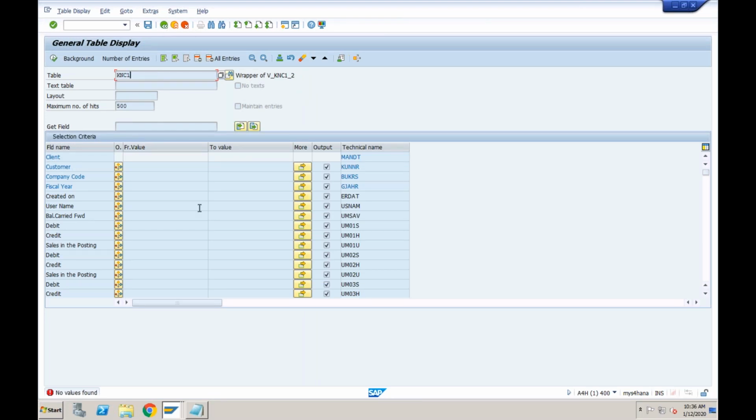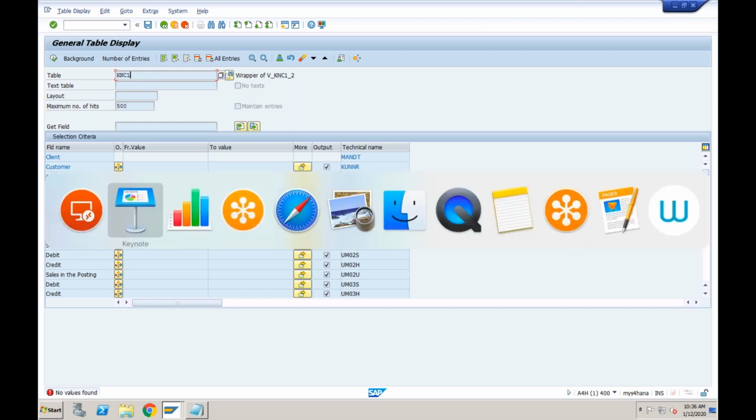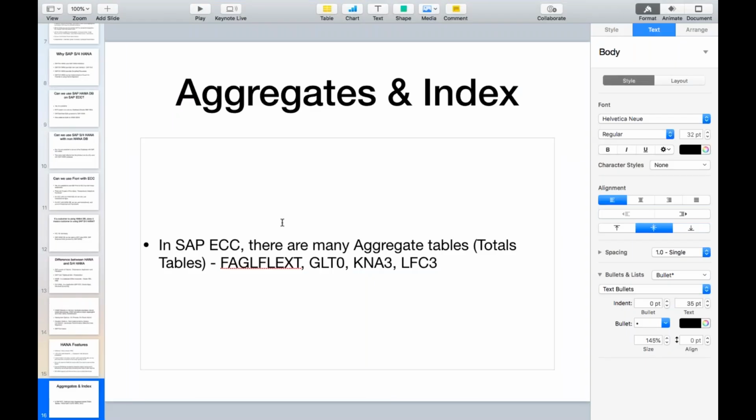I'm just giving you examples as of now. So KNC3, LFC3, KNC1, and LFC1. These are the different tables which store the details of totals.